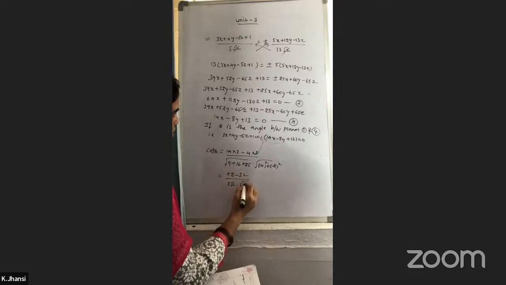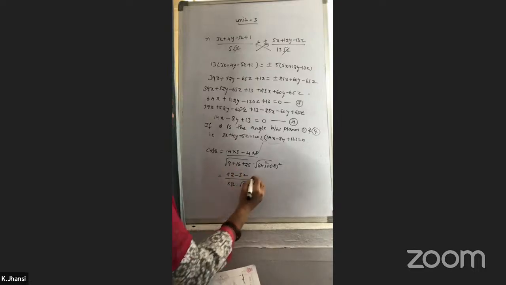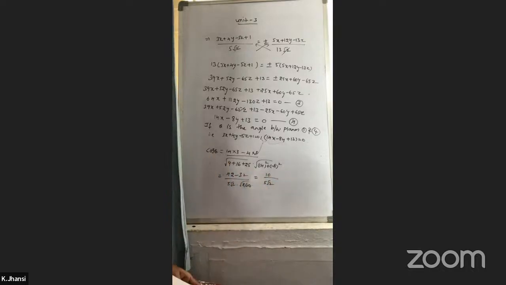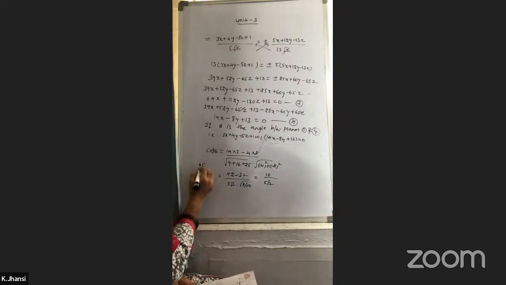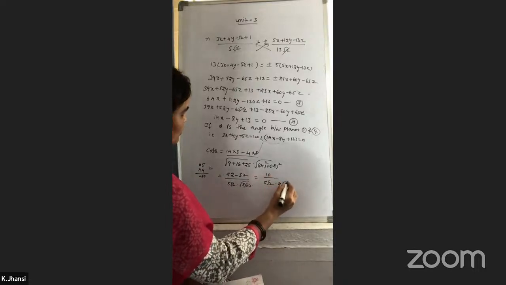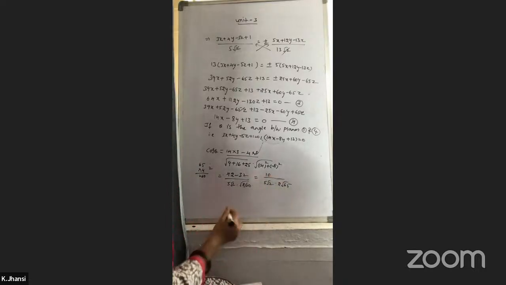That is root 260 you will get. And this is 10. 10 by 5 root 2. 25 plus 25, so 5 root 2 you will get. And 260, for this 2 root 65 you will get. 65 into 4: 5 fours are 20, 6 fours are 24, 25, 26. So it is 260. So we can write it as 2 root 65.